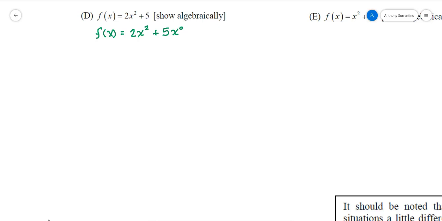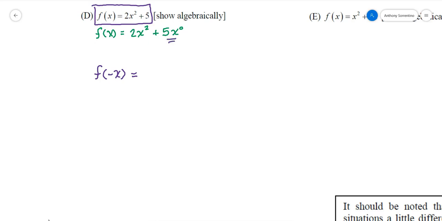Now, that's not, by any stretch of the imagination, a proof that this is even. So what I need to do is, first I need to keep in mind what f of x looks like. And then I want to evaluate what f of negative x is. And if you remember, that just means going everywhere I see an x in the original formula.